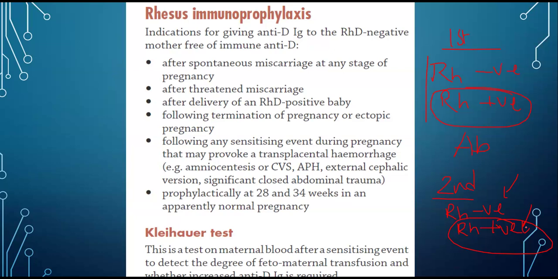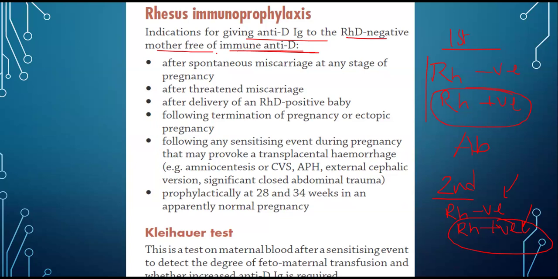Okay? So it's very important that we do not let this antibody develop in the mother in the first place. That's the idea. Okay? So how do we do it? In Australia, every patient who is RH negative will get an anti-D injection.